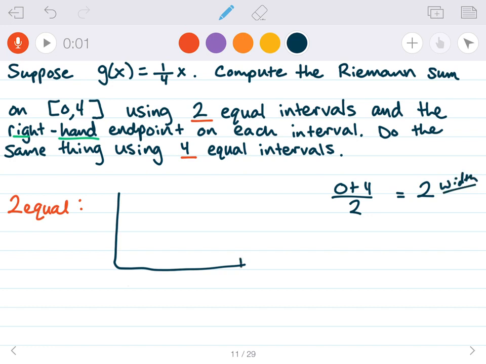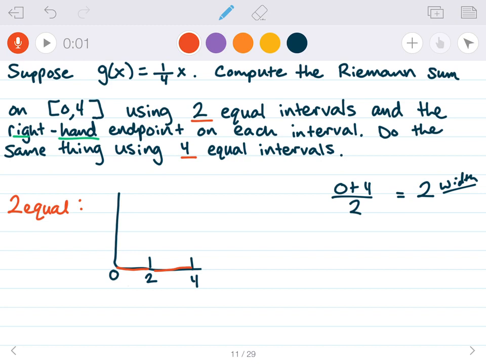So here is 4, and then 0 to 2, 2 to 4. Here's 0, 2, and 4. There's our interval from 0 to 4, and we partitioned it into 2 equal widths, from 0 to 2 and from 2 to 4. Let's look at the corresponding heights.